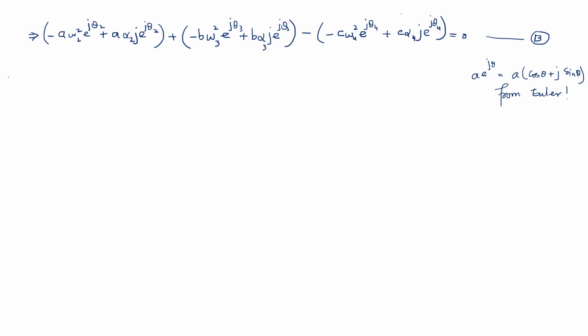So this turns out to be minus a omega 2 squared cos of theta 2 minus a omega 2 squared j sine of theta 2 plus a alpha 2 j cos of theta 2, and since j is already there, j multiplied with j is going to be minus a alpha 2 sine of theta 2.